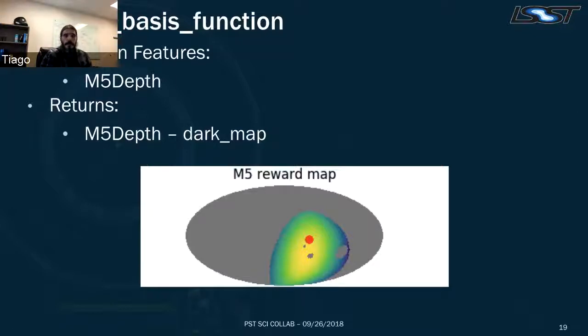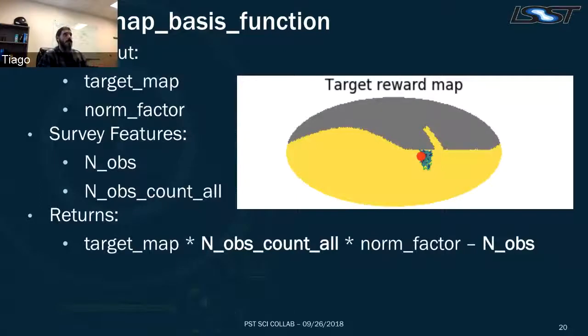And the next one is the target reward map. This basis function will map how many observations you want on a particular part of the sky. So we pass to this basis function the target map, which maps how many observations we want at each position of the sky.